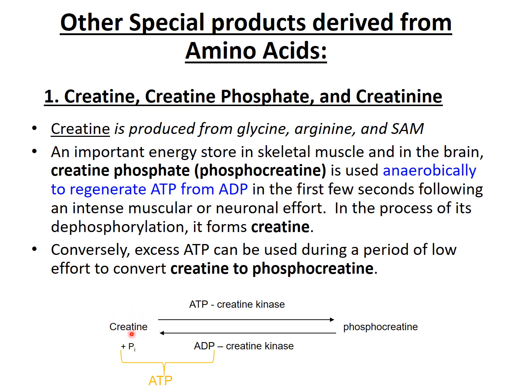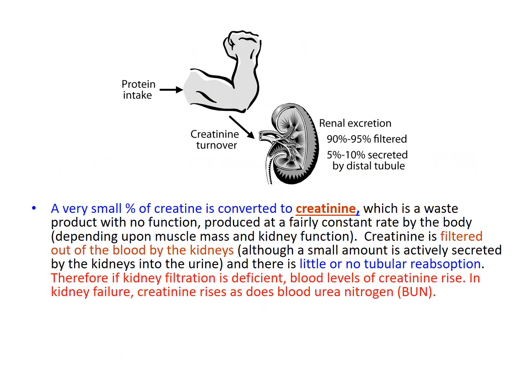And this is a very important energy carrying molecule because when it is phosphorylated, then it contains one high energy group which can be easily removed and produces ATP. Especially the skeletal muscle system is important to contain creatine phosphate.